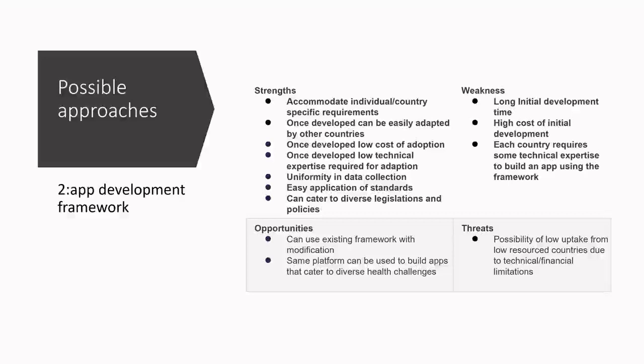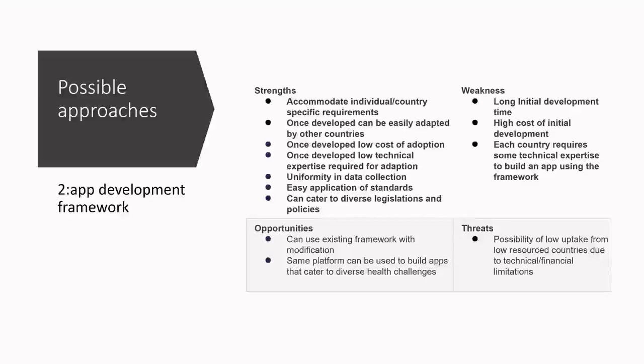One is that we are not developing an app, but we are developing an app framework. So any country can use this framework with their own requirements and develop their mobile app. Another important thing is that this framework is not only for COVID. We can use this framework for other pandemics as well as other diseases, expanding to other diseases as well. So that is the advantage.